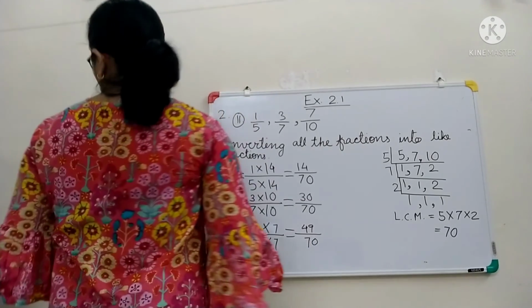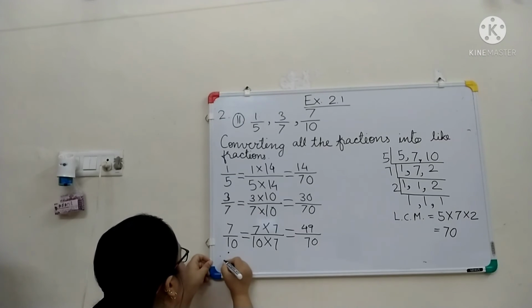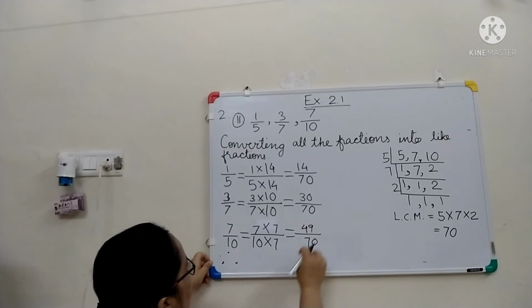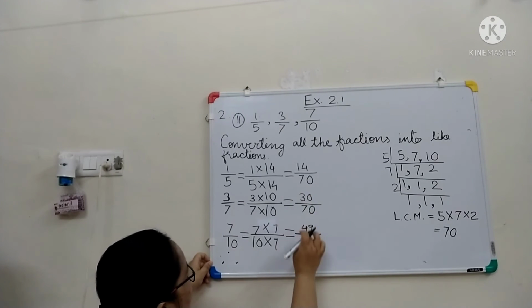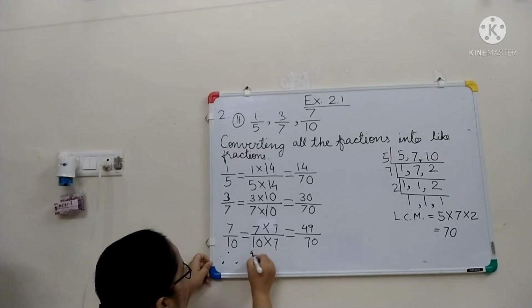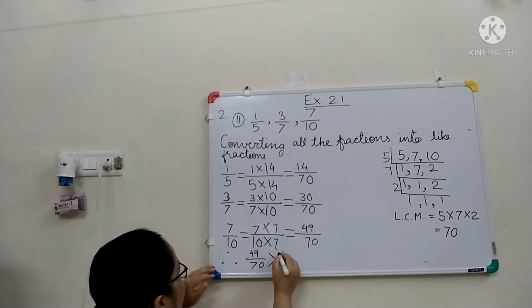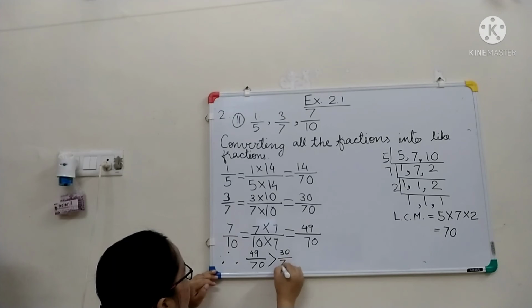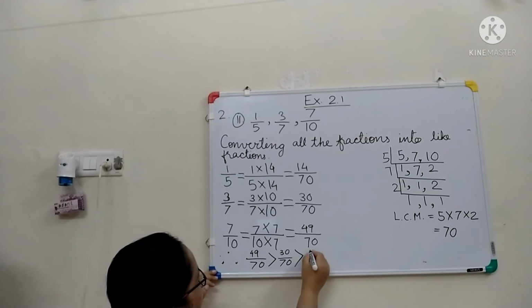To arrange this in descending order, that means greater number to the smaller number, what is the greater number here? Denominators are all the same, that is 70, 70, 70, but in the numerator 49 is the greatest, so we will write 49 upon 70 first, greater than 30 upon 70, then the next one is 14 upon 70.